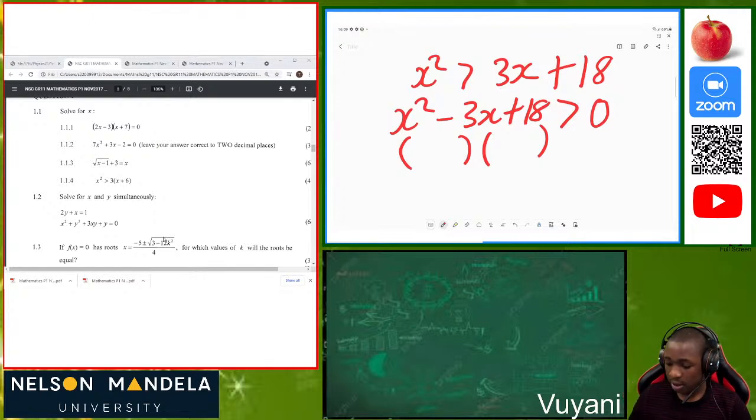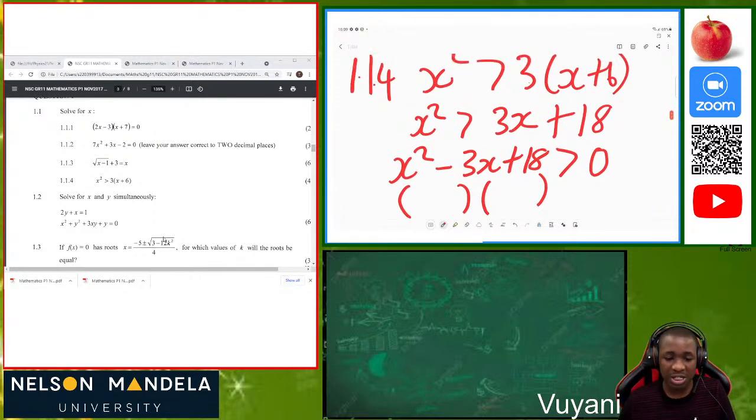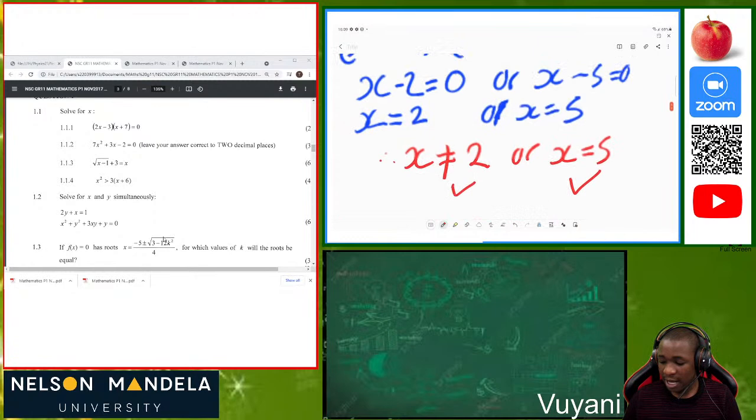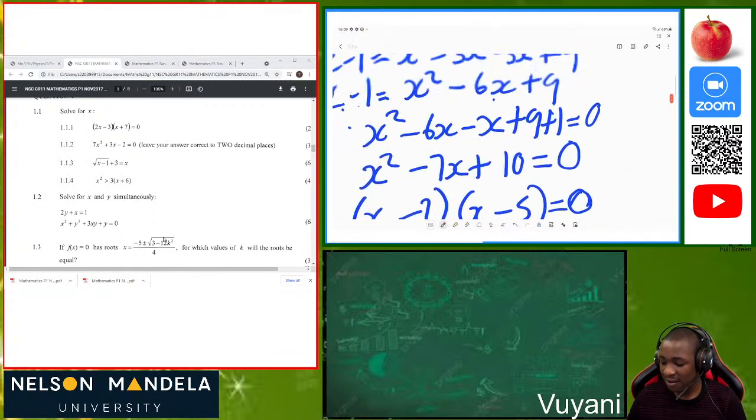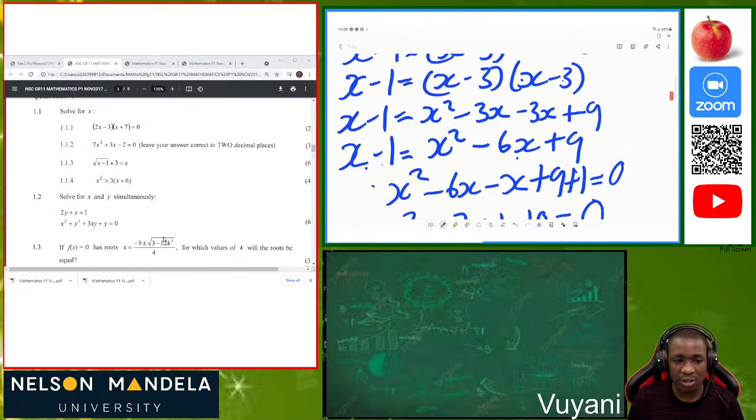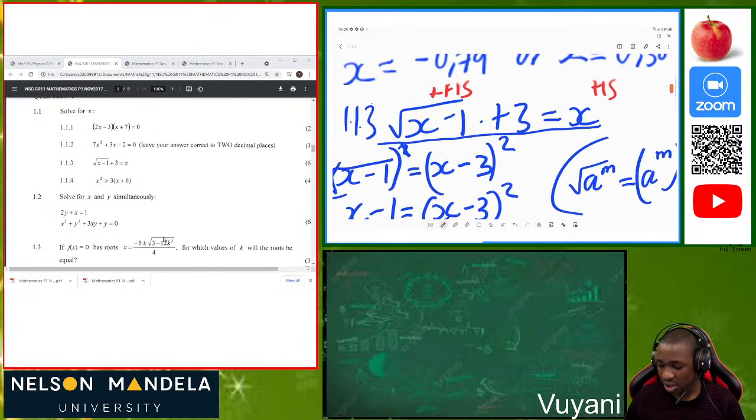Oh, Tim just asked, why must we check your answer for this question but not for the other question? It's always the case that you are advised to prove and check your answers so that you know that your answer is correct. But in this question, when you are having a square root of x minus 1 plus 3 is equal to x, you must be able to check and balance it.